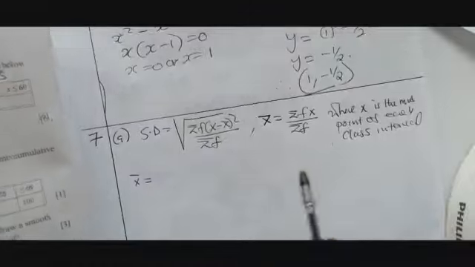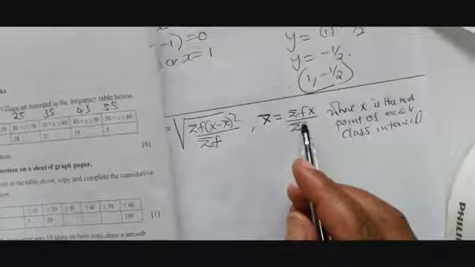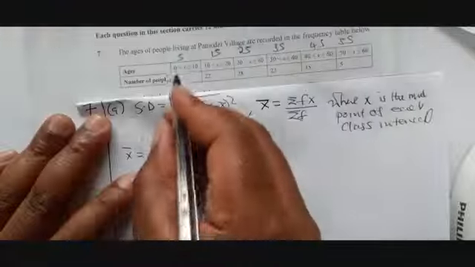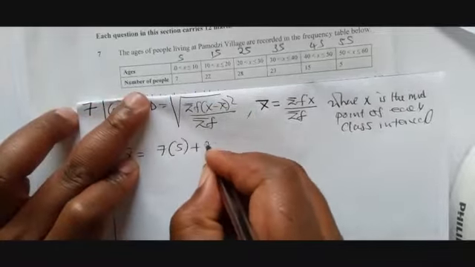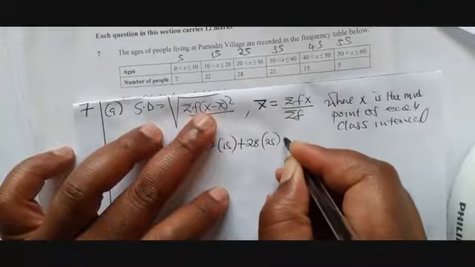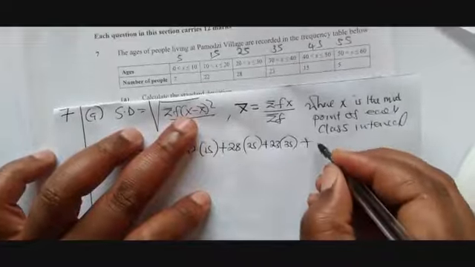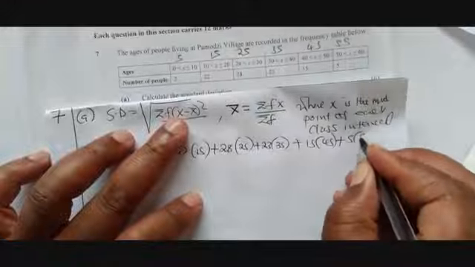We are saying x bar is frequency times the midpoint. So here the frequency is 7. So take note the frequency is 7. So I'll say 7, open the bracket, 5, plus 22, open bracket, 15, plus 28, open bracket, 25, plus 23, open bracket, 35, plus 15, open bracket, 45, plus 5, open bracket, 55.